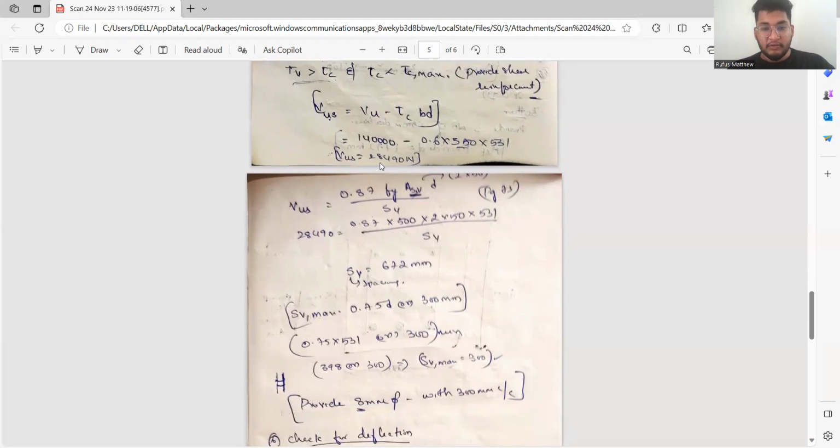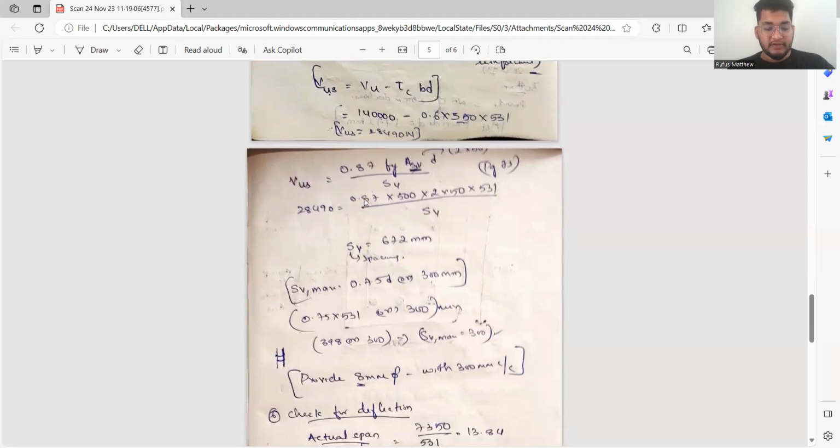VUS equal to 28490 Newton. Then VUS equal to 0.87 Fy ASV D by SV.